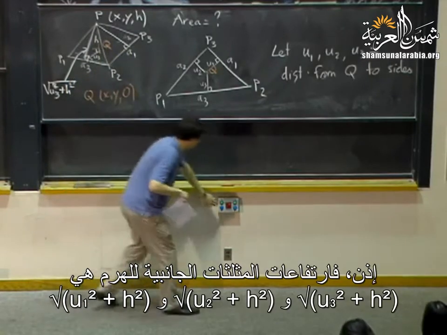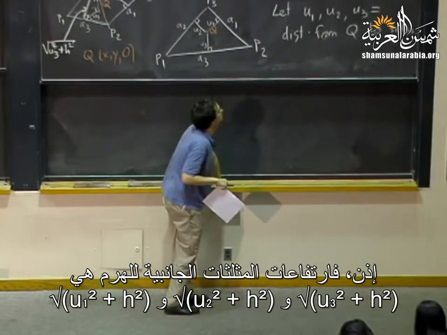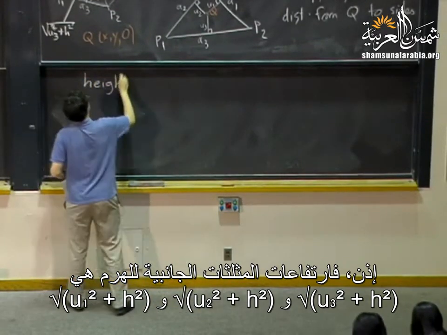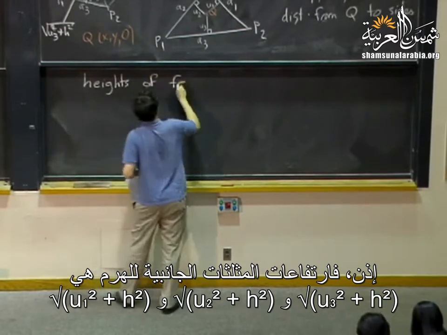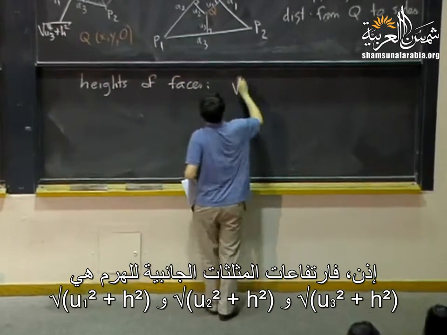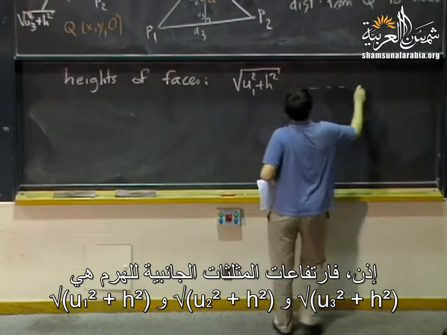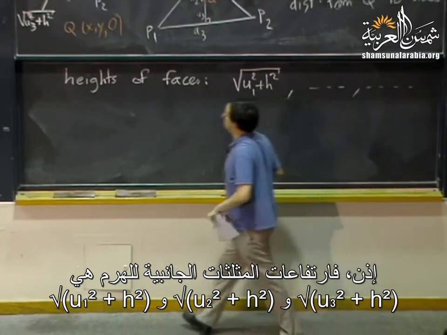Okay? So the heights of the faces are the square root of U1 squared plus H squared, and similarly with U2 and U3.